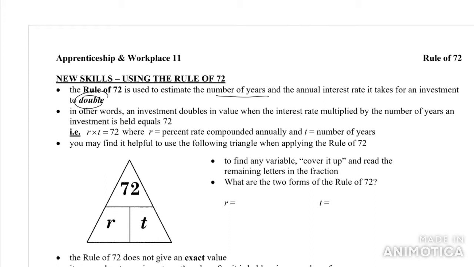It's a fast and easy method. So in other words, an investment doubles in value when the interest rate multiplied by the number of years it is held is equal to 72. So the normal formula is R times T is equal to 72. But a couple of things.